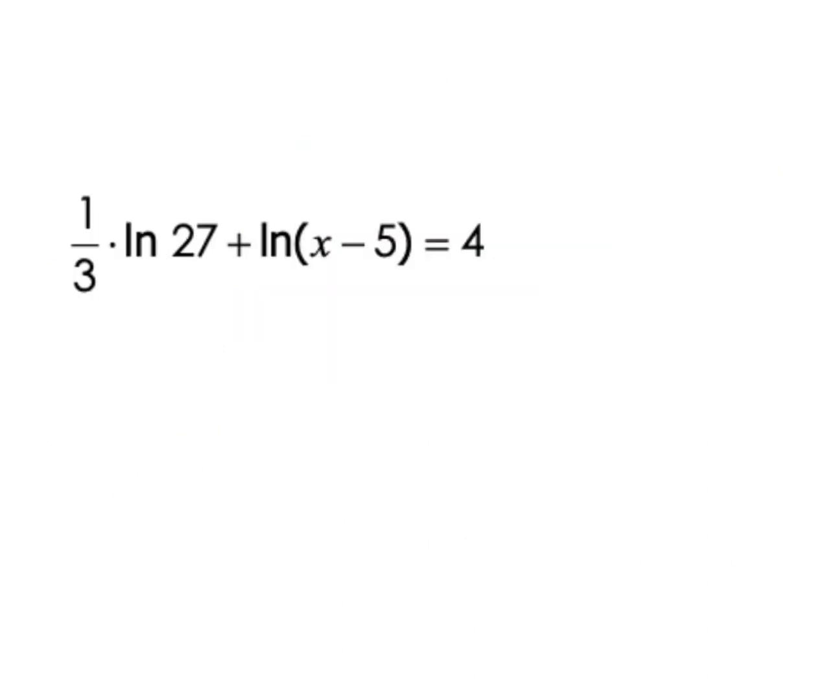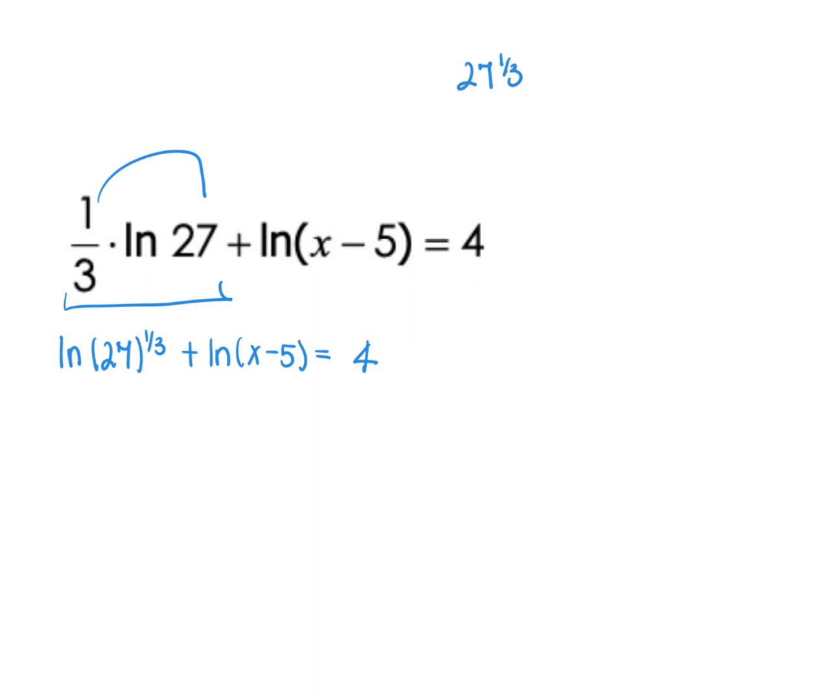Here we have 1/3 times ln of 27 plus ln of x minus 5 equals 4. So we're first going to bring this in, and we'll have ln of 27 to the 1/3 plus ln of x minus 5. 27 to the 1/3 is really the cube root of 27, so we need to think of a number we can multiply by itself 3 times to get 27, and that's going to be 3.